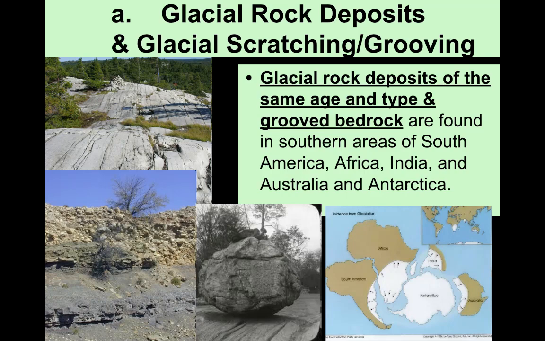Now, when Wegener went to the glacial record, he pieced together the land masses that had current glacial rock evidence of the same age and type and glacial scarring. When he pieced it together, he could see that it created this large circular area on the land masses that must have been the size of the continental glacier at one time.